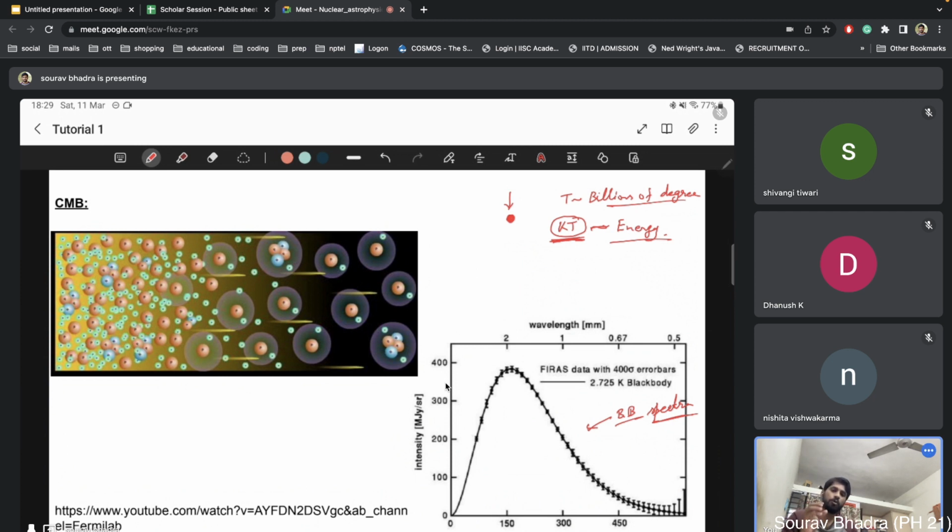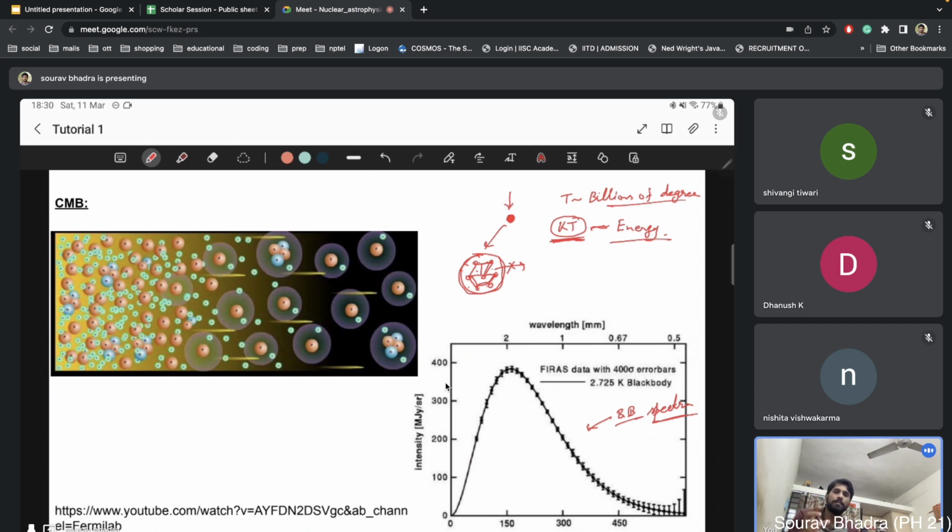So if a photon is created by some phenomenon, suppose this is that region, and you have a very high number of particles here, the photon of light will scatter from here to there, randomly within that volume because of those free particles, and it cannot come out of that region.